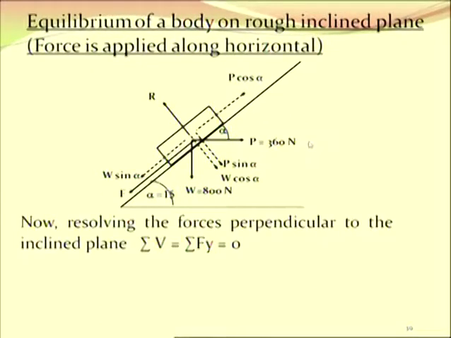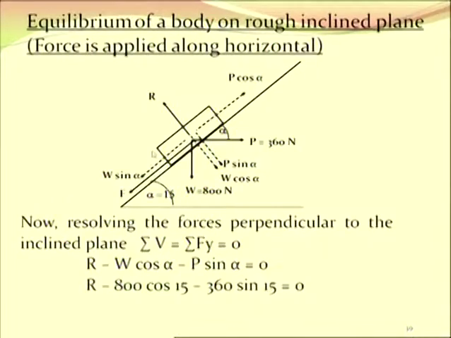Now resolving the forces perpendicular to the inclined plane. So here is the inclined plane, and perpendicular to that we have R, P sin alpha, W cos alpha. So three forces, among which R is acting upward, so it is plus, P sin alpha which is acting downward, minus, and W cos alpha which is acting downward, hence it is minus. Putting these values, R minus W cos alpha minus P sin alpha is equal to 0.